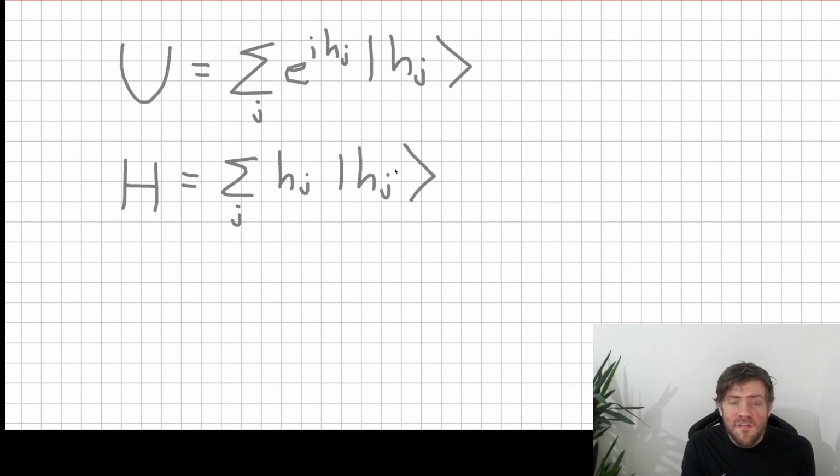And this is why I've used Hj for the eigenstates of both, because we can see some correspondences between these two things. Both of them, these should be outer products.